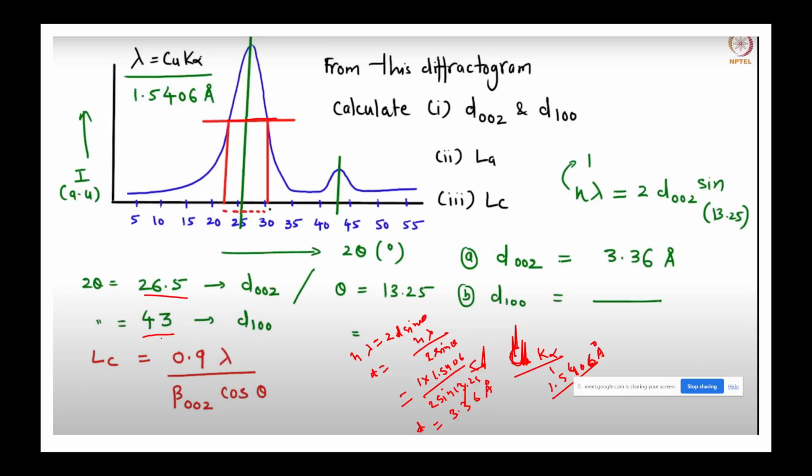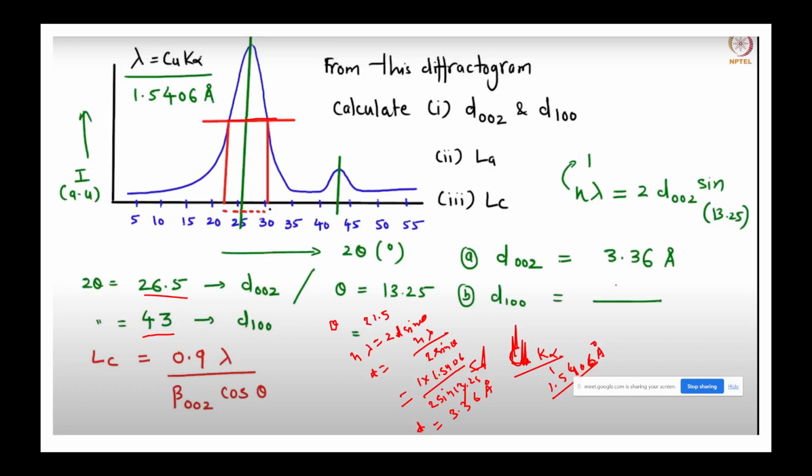Again, similarly, you have to calculate for 43. Theta will be 43 by 2, which is 21.5.